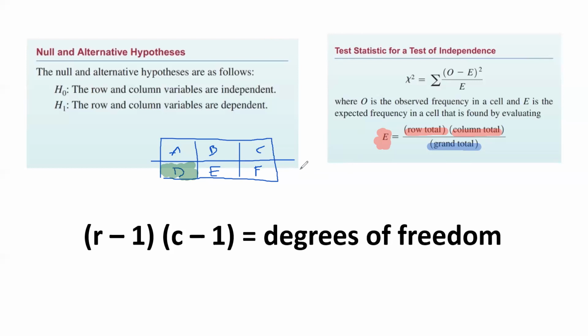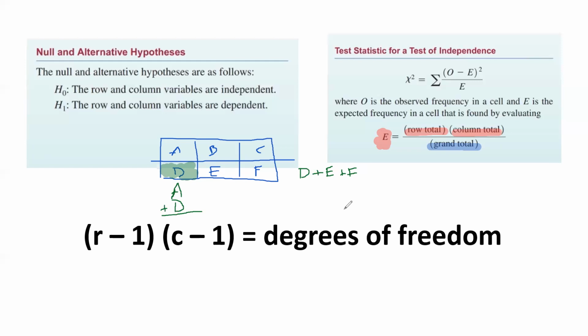The row total is going to be D plus E plus F. And then the column total would be A plus D. Now, what is the grand total?